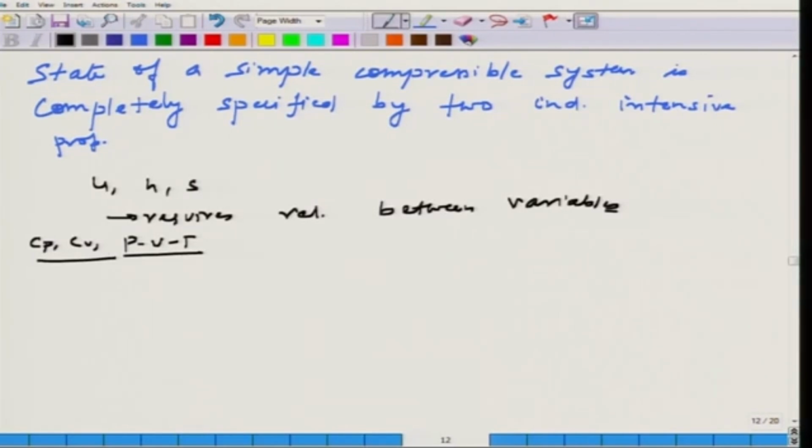Now let's try to develop general relations which involve specific heat. Let me try with the internal energy.